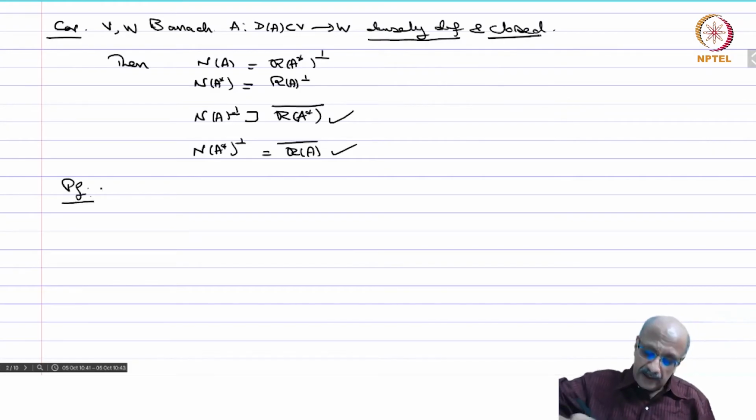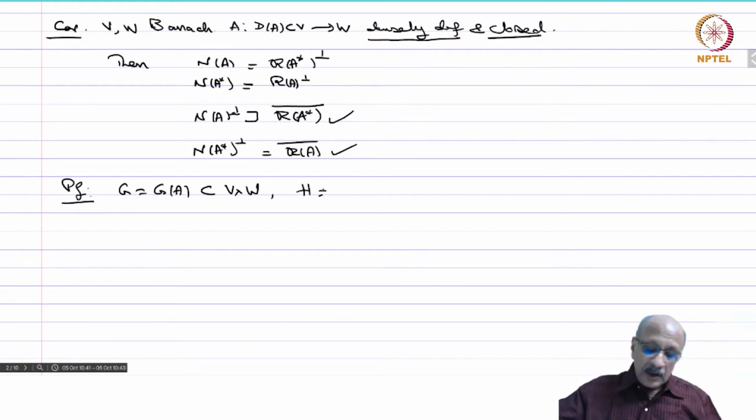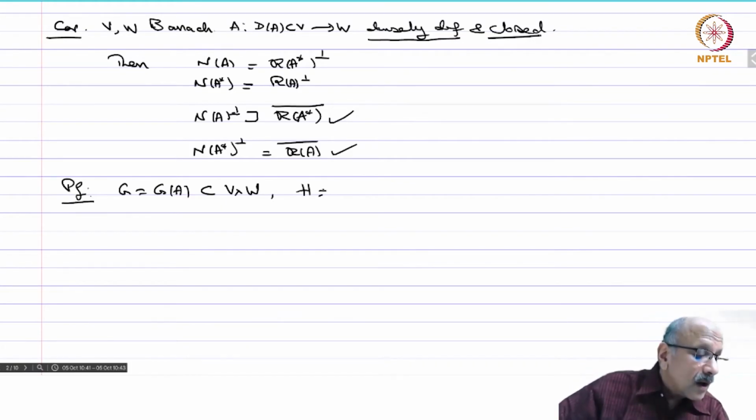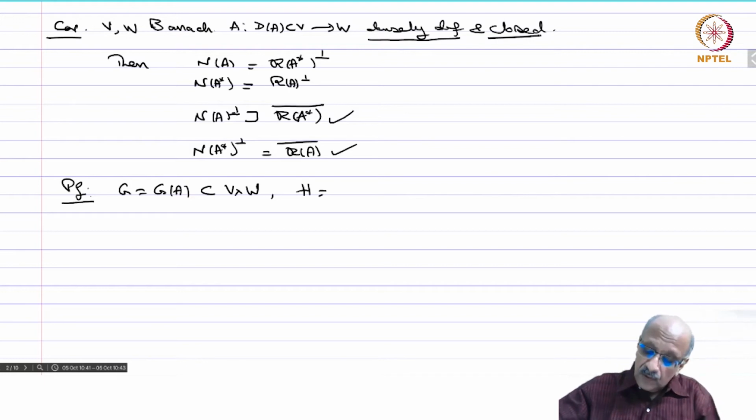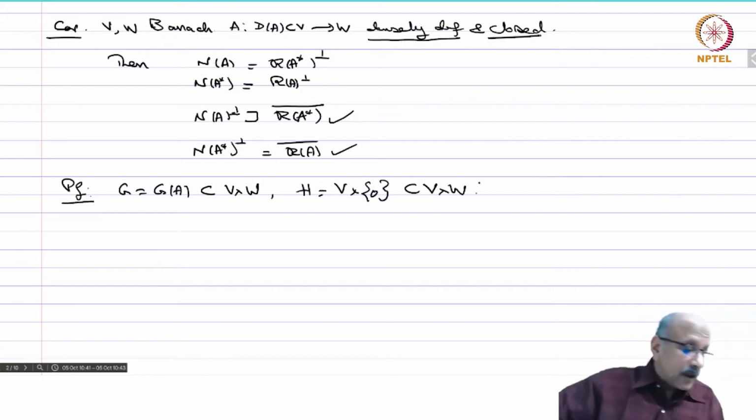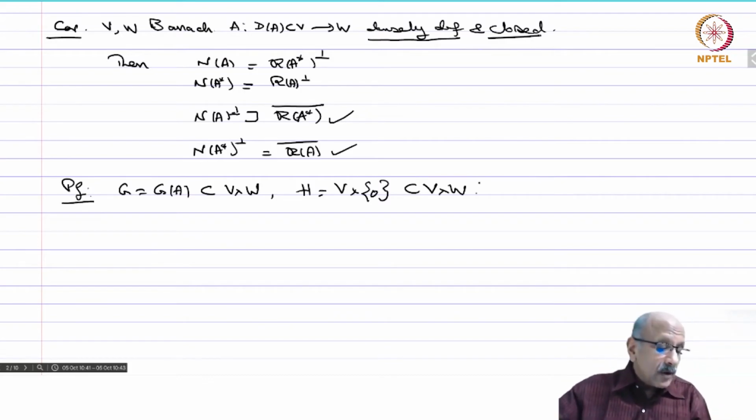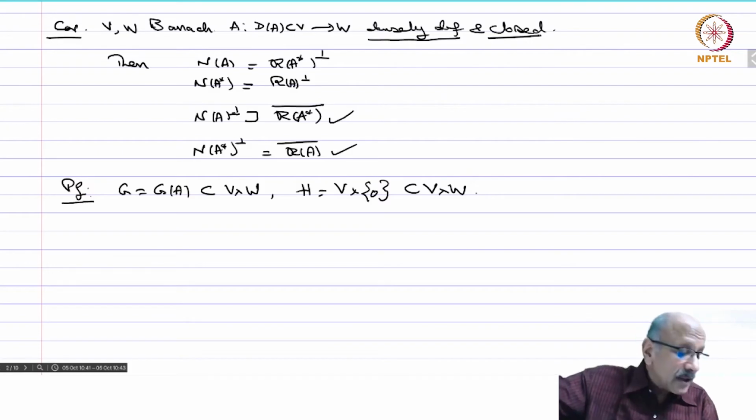As usual, let us take G equals G(A) contained in V cross W, and H equals V cross 0 as before, contained in V cross W. What was one of the relationships we saw?